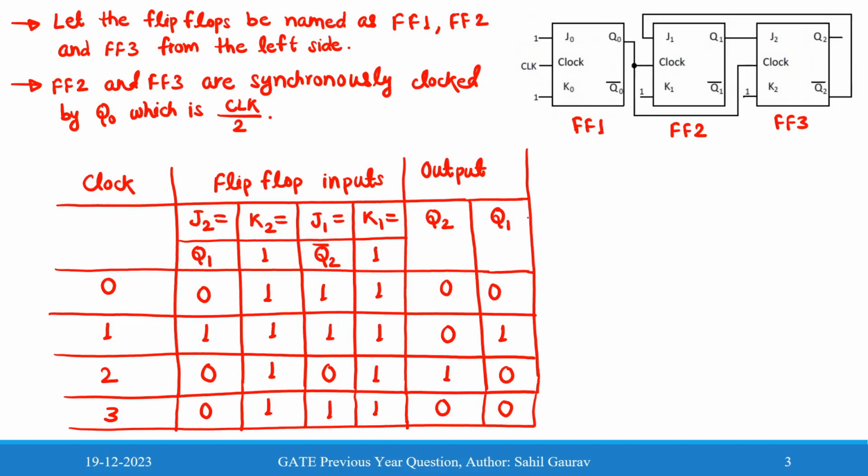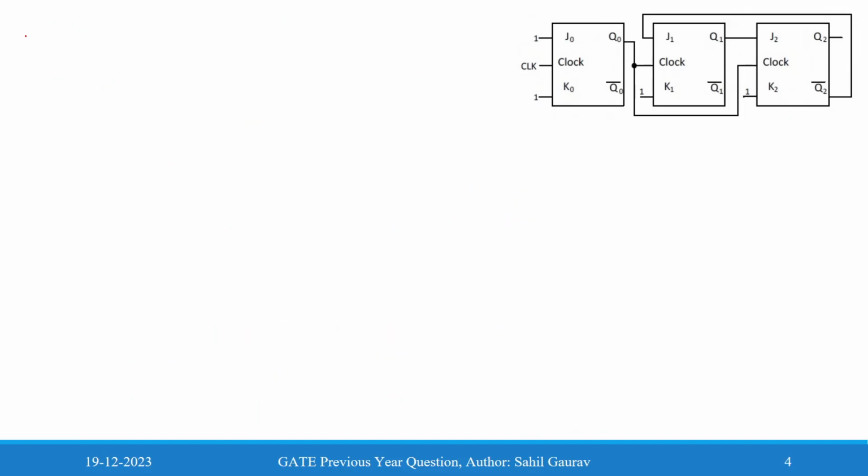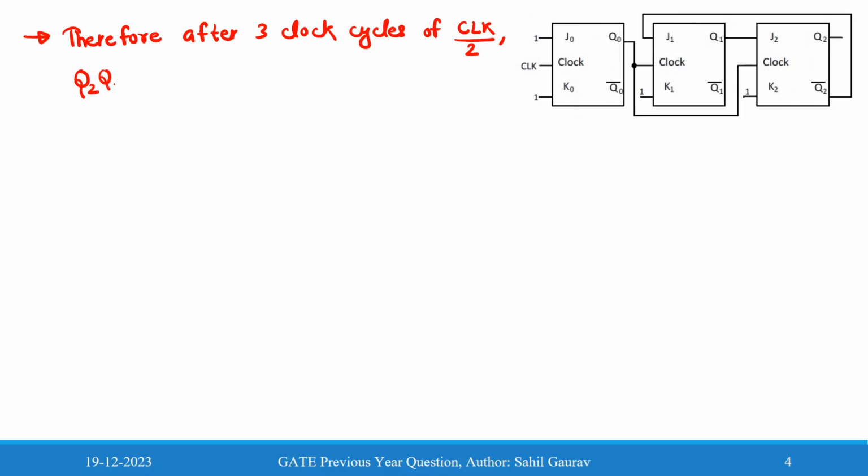So therefore you can write: after 3 clock cycles of CLK divided by 2, Q2 Q1 is attaining 0 0 again.